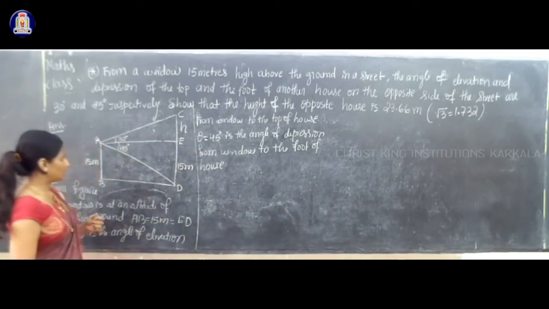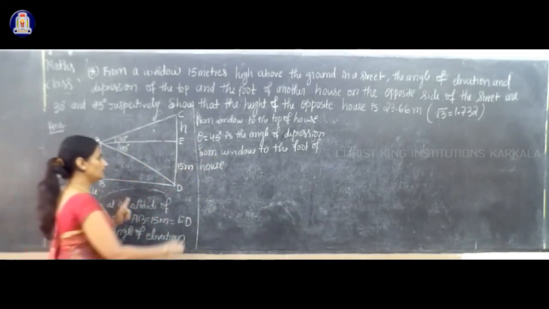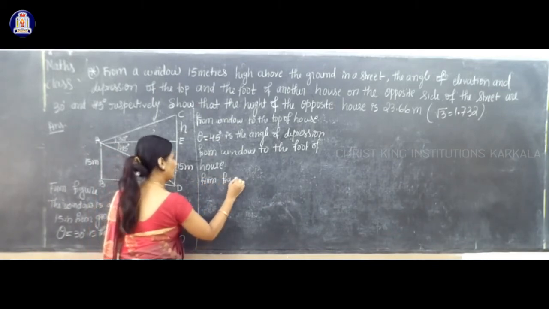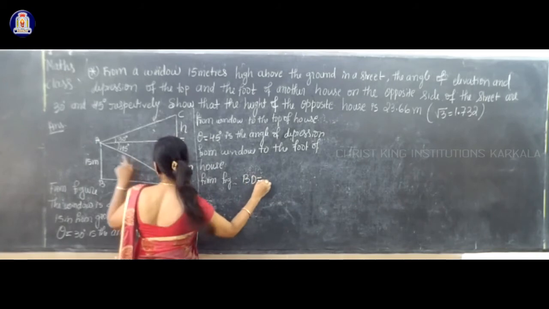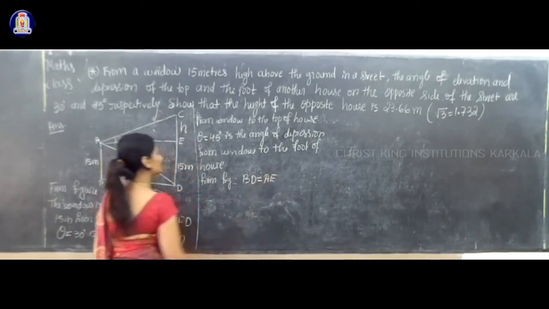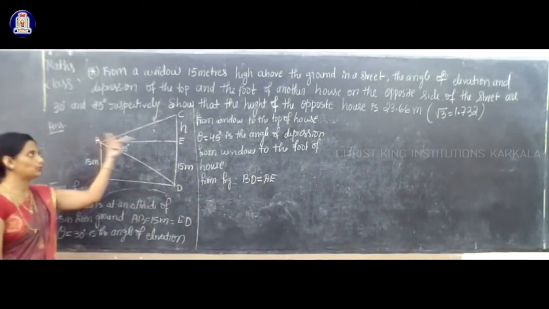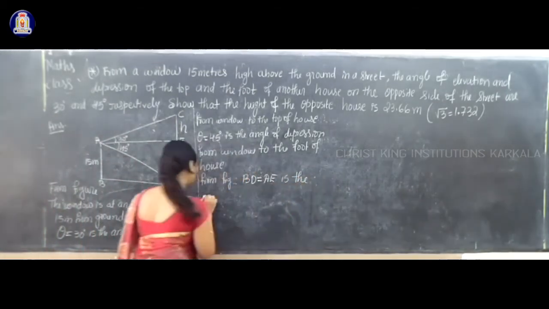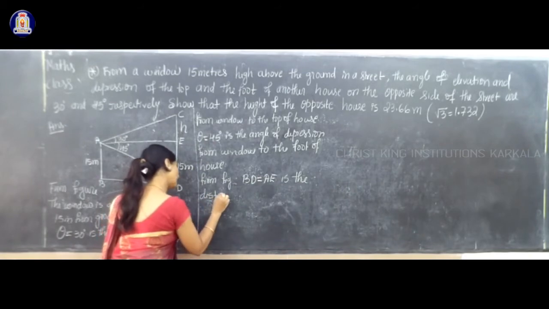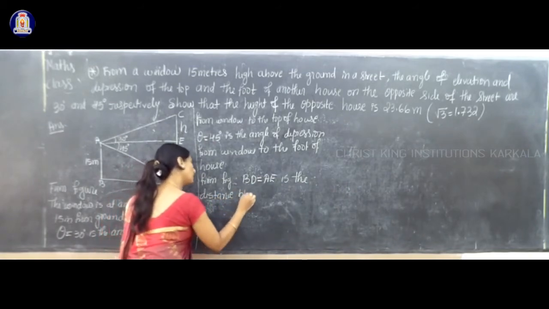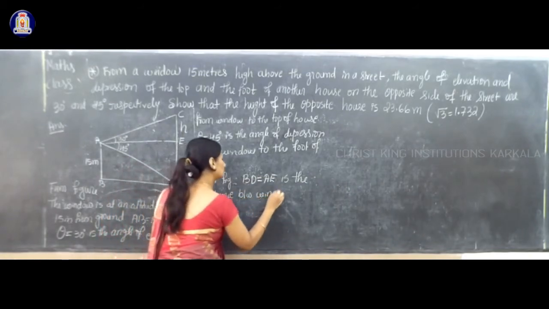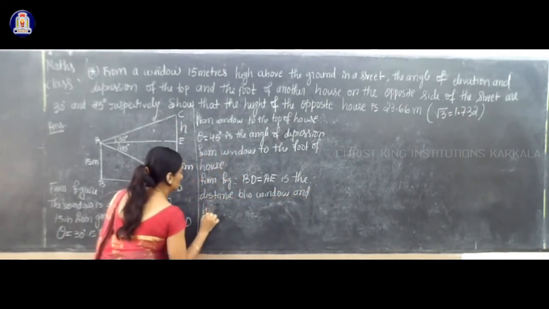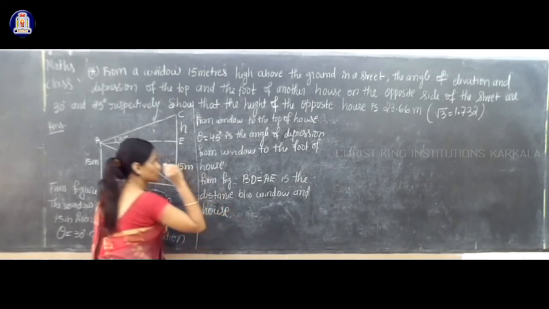Correct now? Next, from the figure, BD is equal to AE, that is the distance between the window and the house. It is not asked, the distance between the window and the house.